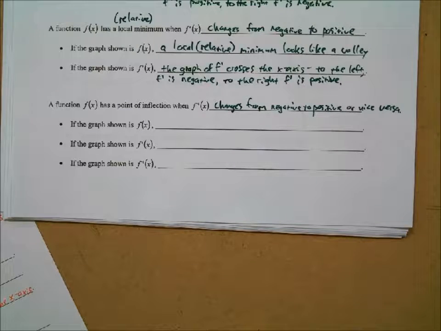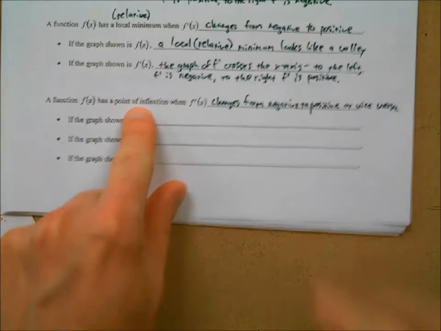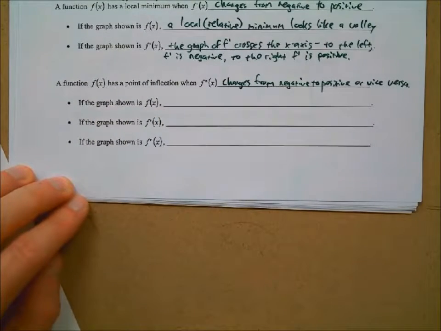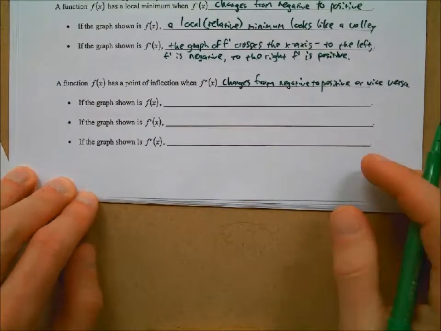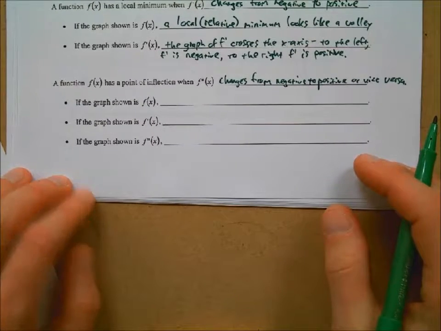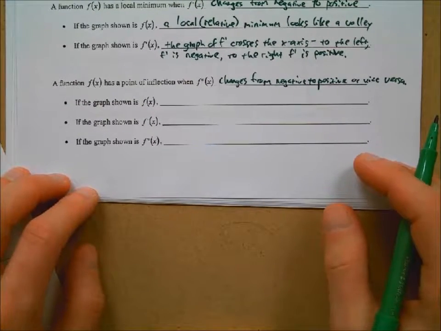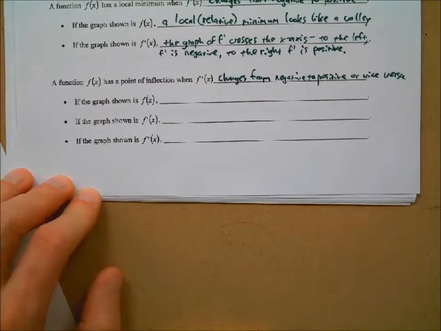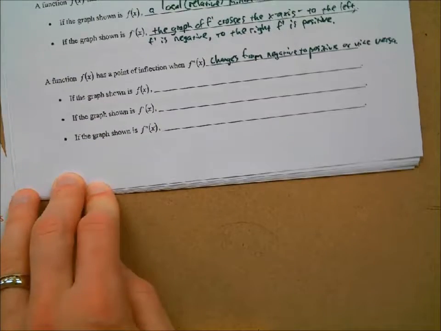Okay. So how do we determine a point of inflection given the original function? What are we looking for? What happens at a point of inflection in the original function? What makes a point of inflection a point of inflection? What's changing there? Concavity, exactly right.